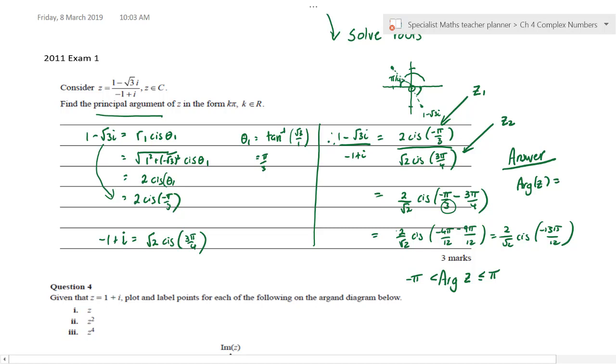So I'm going to add 24 pi on 12 to that, which is going to be 11 pi on 12. So your answer there is 24, 13 is arg z is 11 pi on 12. Done.